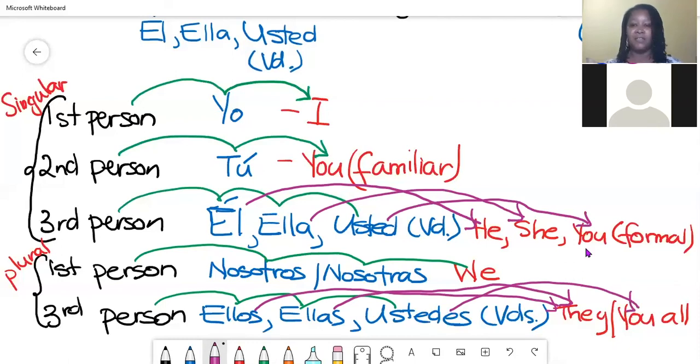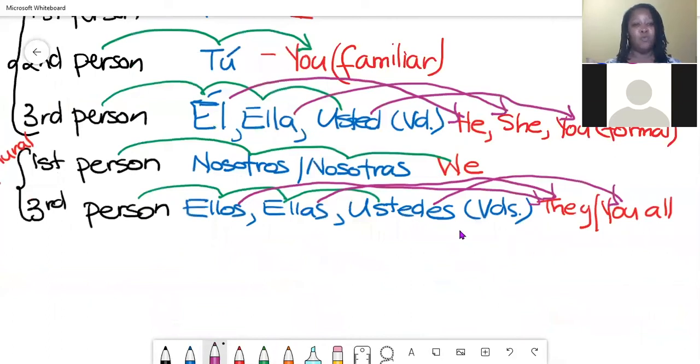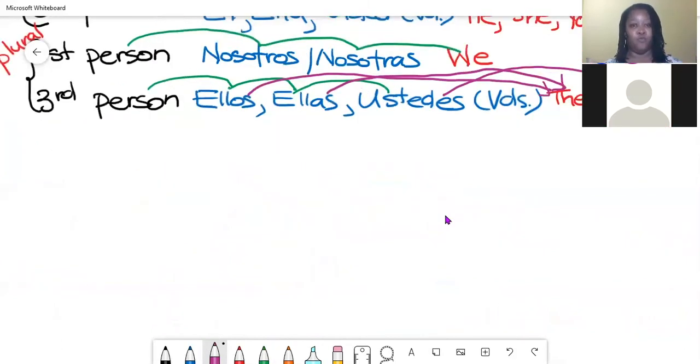Now, the final thing that I want to bring to your attention, let us discuss those two versions of the word you. Very important. So we have tú with an accent, and you want to be very careful about putting that accent in, because you do have tu without the accent as well.